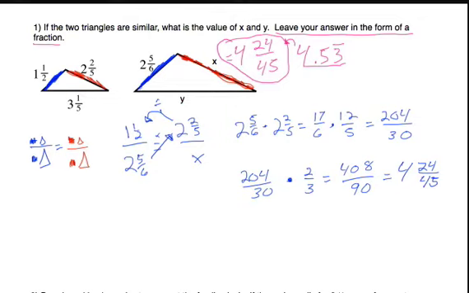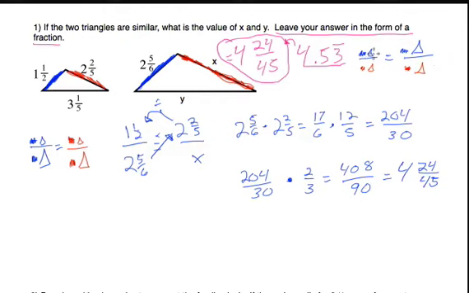Oh, and I promised I would do this a different way. Another way I could have done this is the blue side to the red side of the small triangle, blue side of the small to the red side of the small. And that should equal the blue side of the big triangle to the red side of the big triangle.